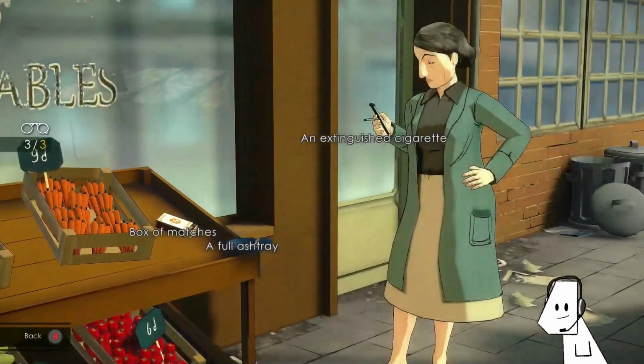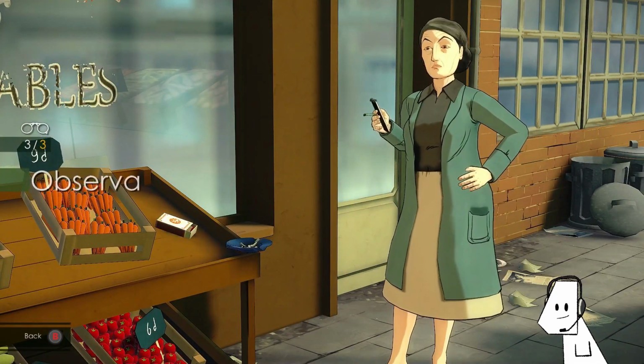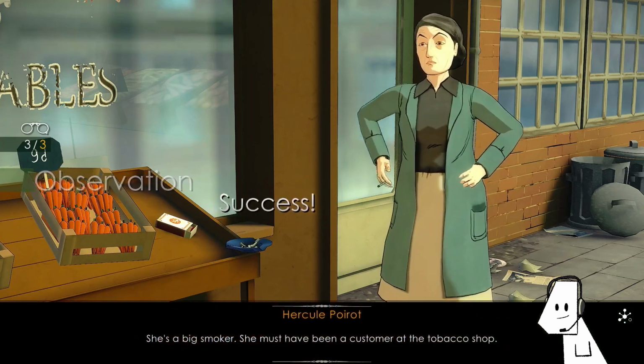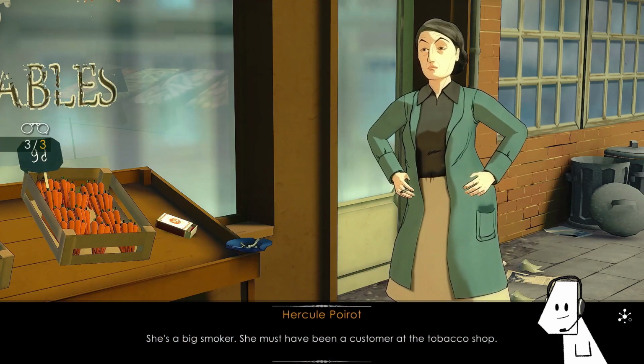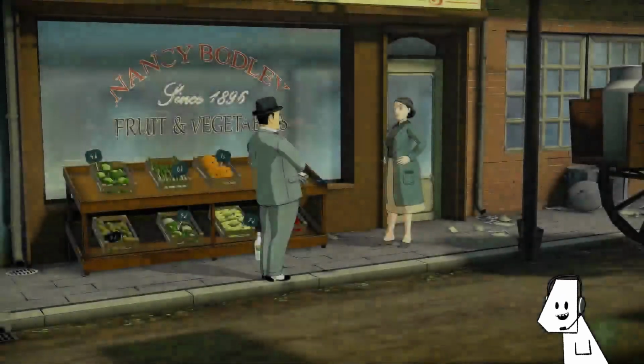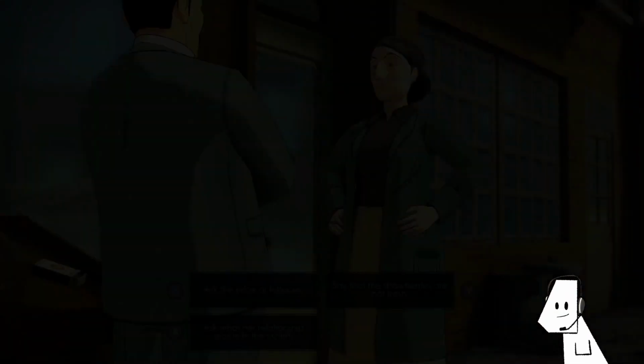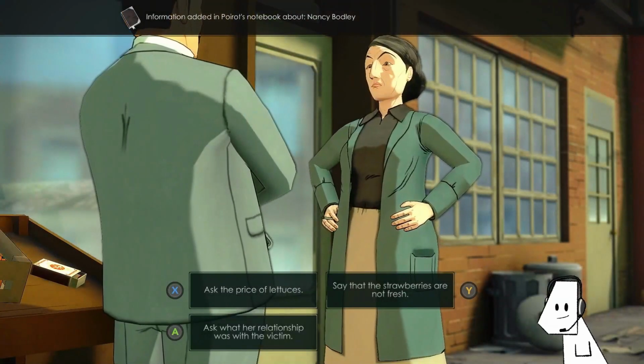Box of matches. So all of that just to tell us she smokes. She's a big smoker. She must have been a customer at the tobacco shop. Oh, what ones does she smoke? I can't remember the brand. Damn it, I can't remember what brand it was, but there was one that she's holding just as she got clonked on the back of the head.